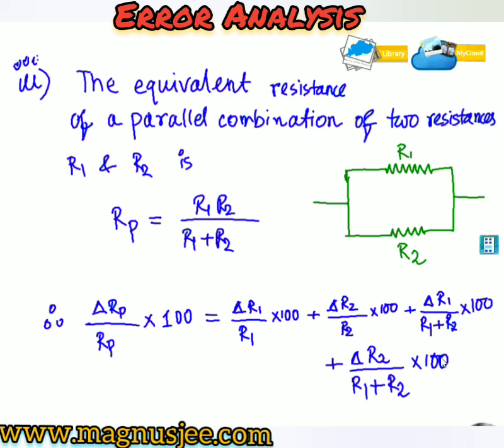So finally we get the expression of percentage error in the measurement of equivalent resistance Rp. Rp is a product of three quantities R1, R2 and R1 plus R2 to the power minus 1.